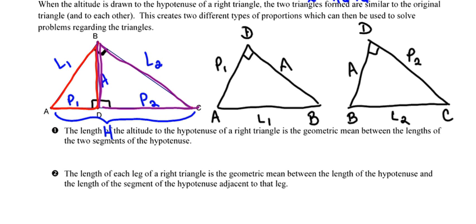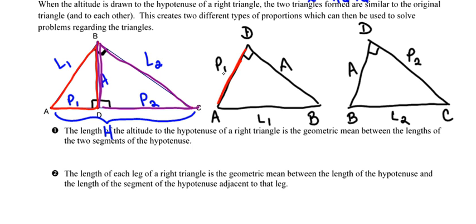But what I'm going to do now is use these two smaller triangles in order to set up some proportions. The first proportion that you're going to need to be aware of says that the length of the altitude to the hypotenuse in a right triangle is going to be the geometric mean between the parts of the two segments of the hypotenuse. Well, here's where that proportion came from.